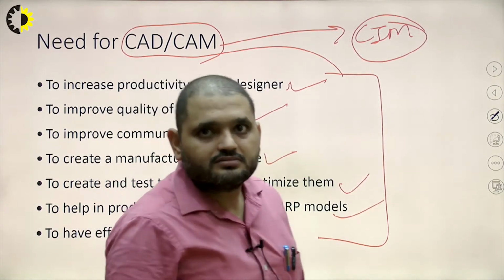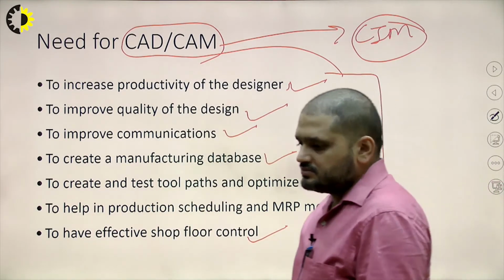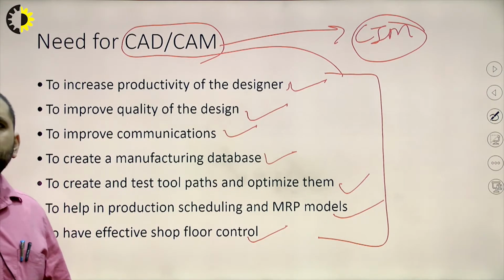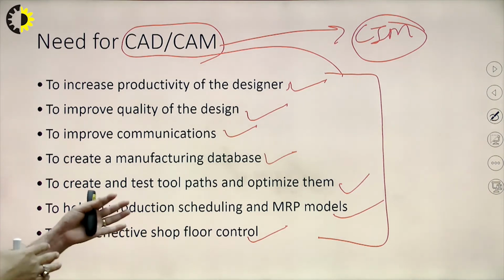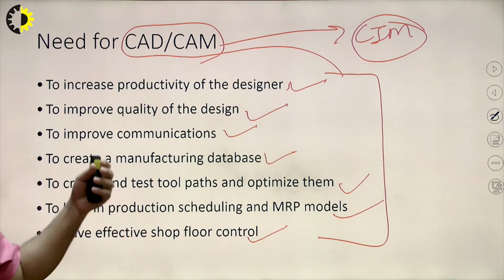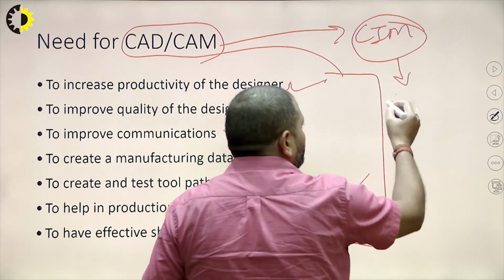The whole system which includes CAD/CAM, we call CIM, and CIM includes everything from the raw idea to the consumption of the product at the consumer end. So all the processes of CAD and CAM come in CIM, that is Computer Integrated Manufacturing.